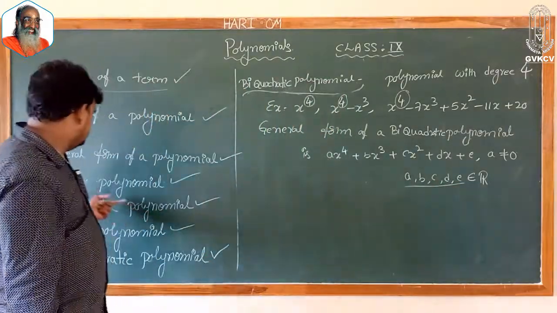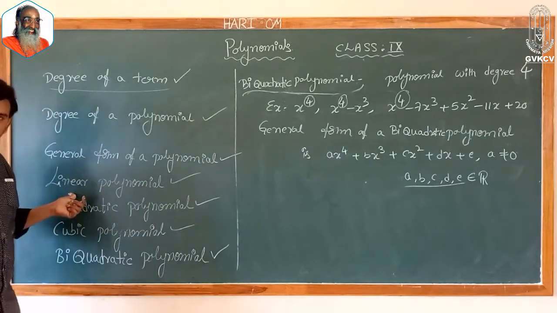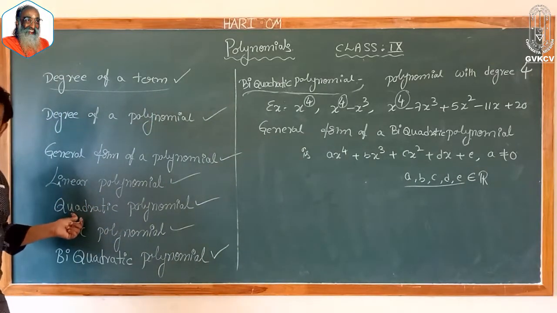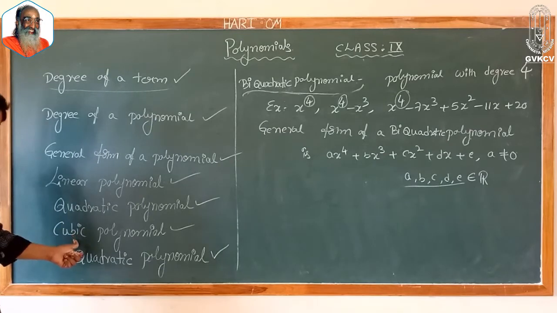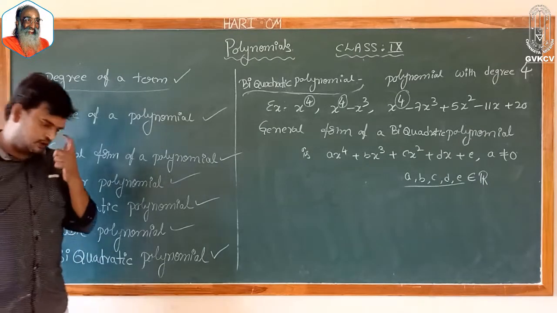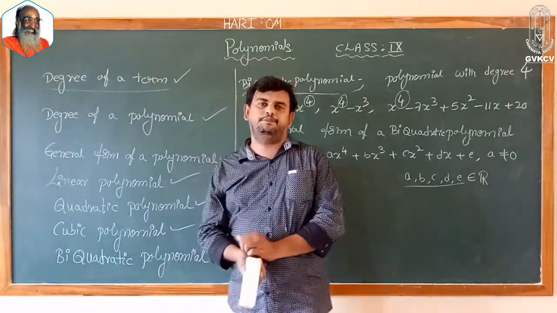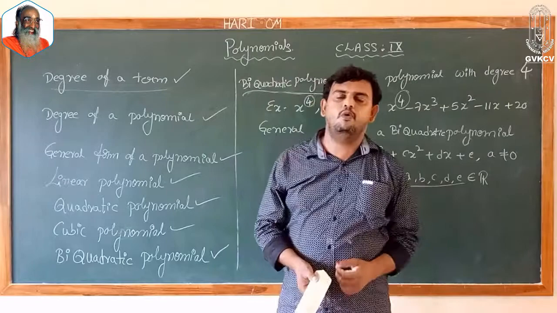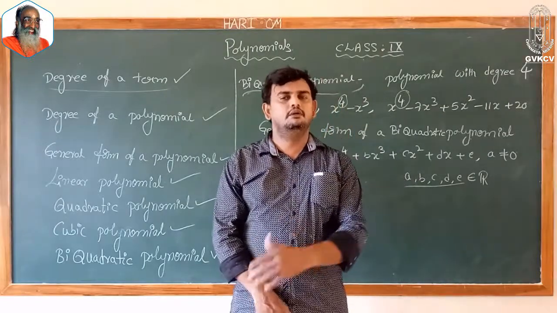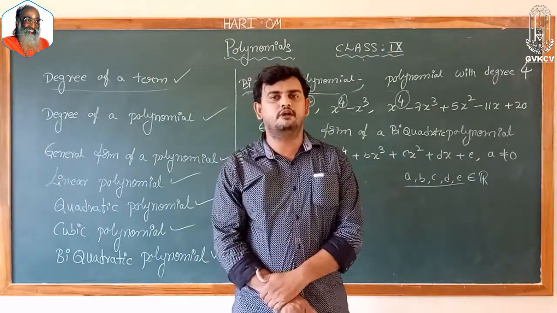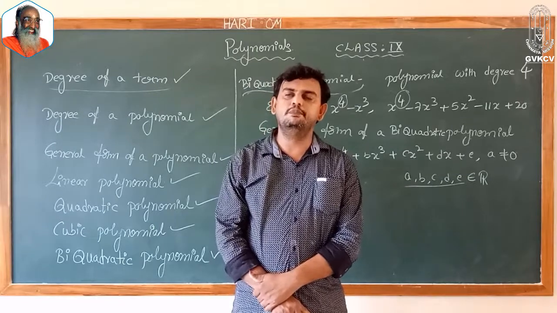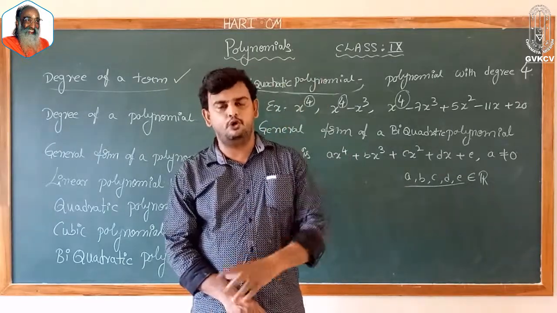So when the degree is 1, we call it linear. Degree 2, we call it quadratic. Degree 3, we call it cubic. Degree 4, we call it biquadratic. Now you may ask, sir, if the degree is 5, what do we call it? There is no special name for those polynomials. Simply we call it a 5th degree polynomial.